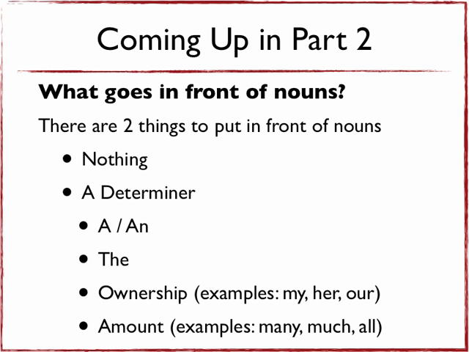Some show ownership, such as my, her, and our, and some show amount, such as many, much, and all. There are also other determiners and other things you can put in front of nouns, such as adjectives, other nouns, etc.